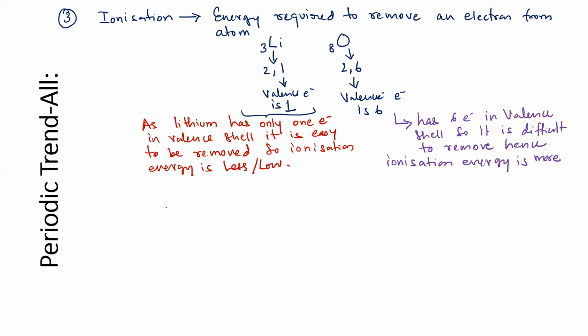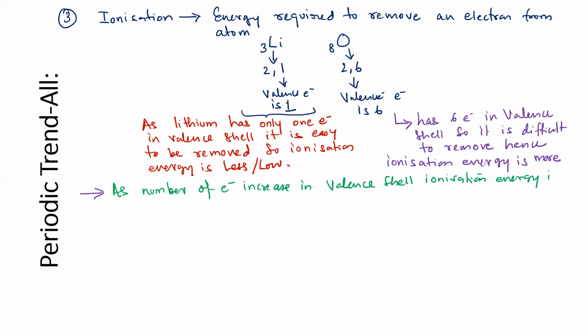So as the number of electrons increases in the valence shell, ionization energy increases.